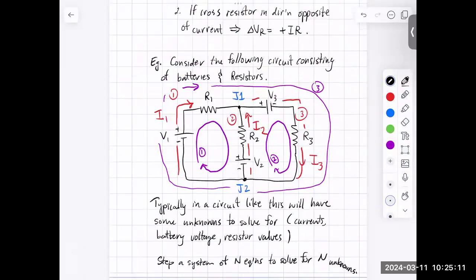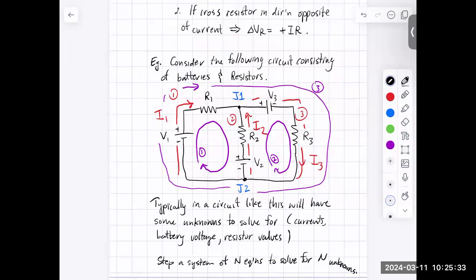And then we're going to continue to go clockwise around this internal loop number 2. We'll go from the positive terminal of V3 to the negative terminal. So we're going from high to low potential. We're losing voltage, minus V3. And then we go through R3.